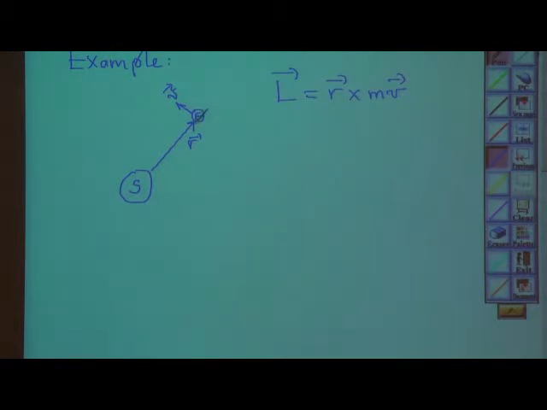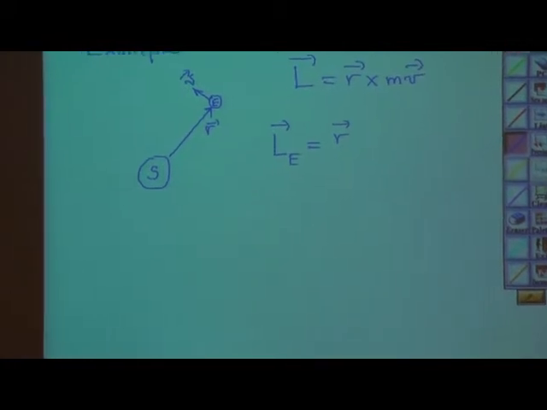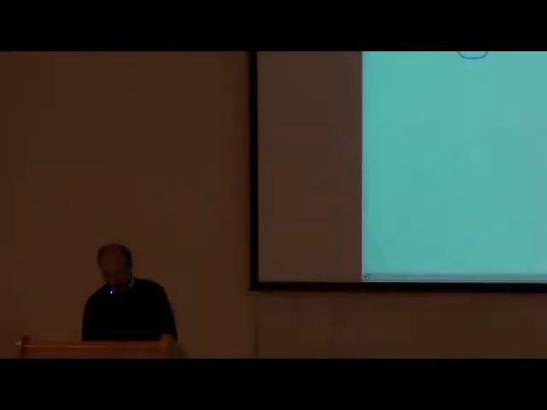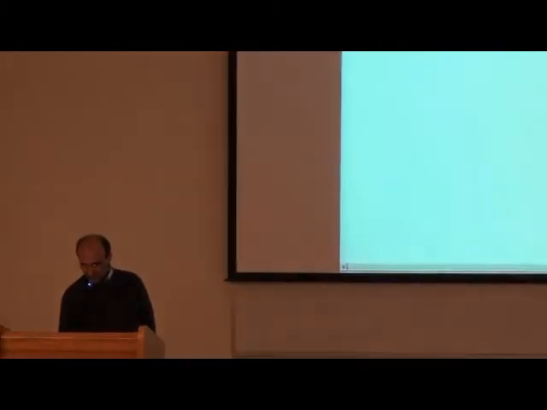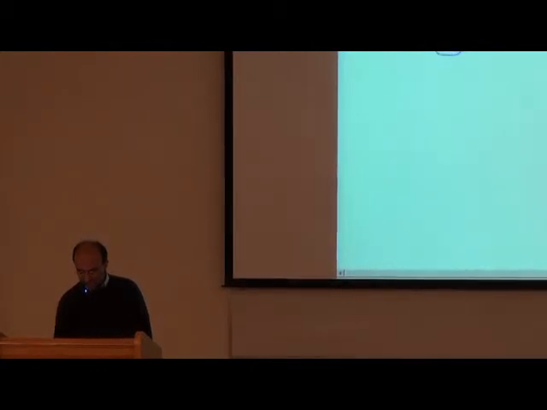The position vector is perpendicular to the direction of the velocity vector. Therefore, we can write for Earth, it's the position vector, that is the distance, 150 million kilometers, in the direction from Sun to Earth, cross mass of Earth times the velocity of the Earth.